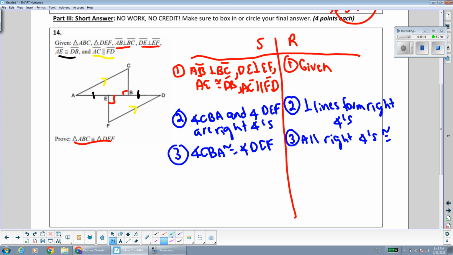I love parallel lines. Because if I highlight my parallel lines and my transversal, anytime you got parallel lines, you probably have a transversal. And I see a Z. And I know that in the corner of my Z are congruent alternate interior angles.